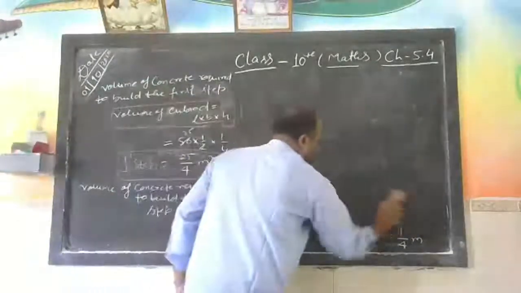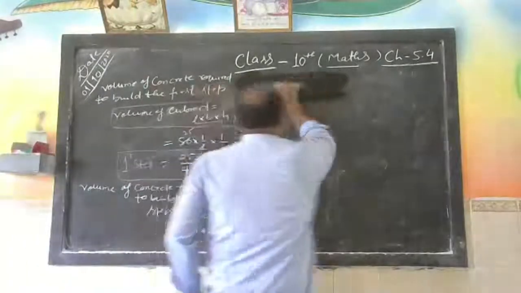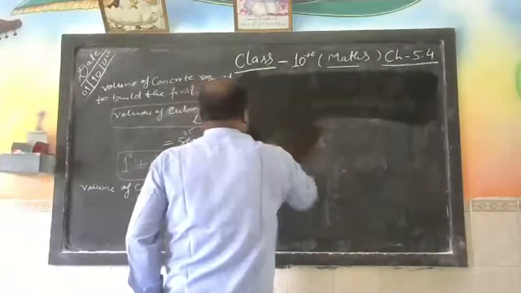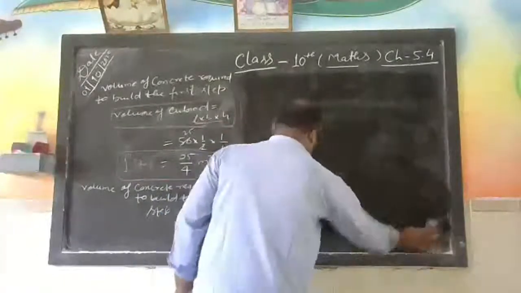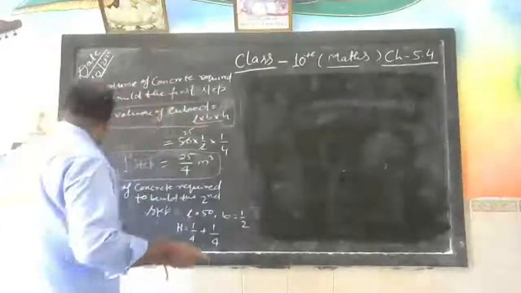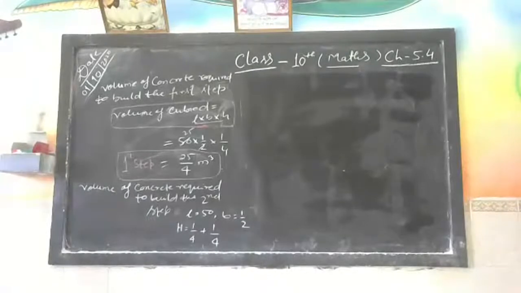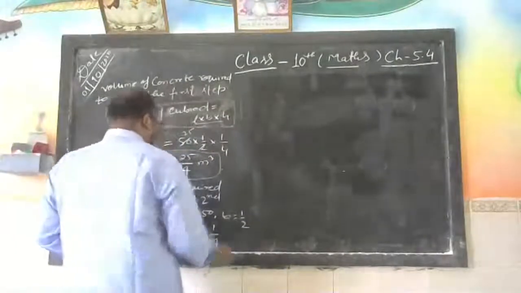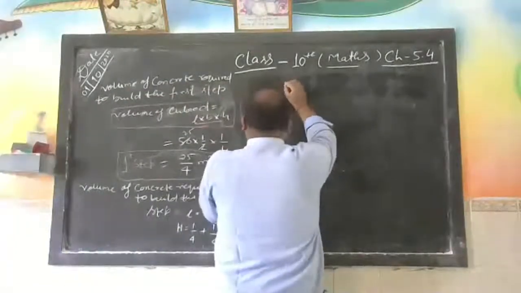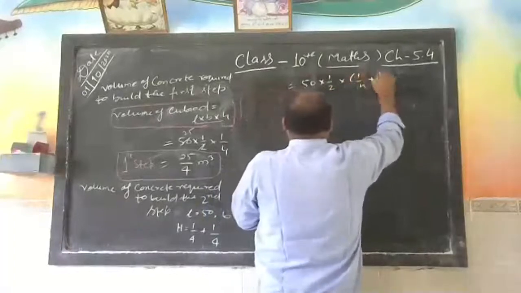From here, it is equal to 50 multiplied by 1 upon 2 into 1 upon 4 plus 1 upon 4.